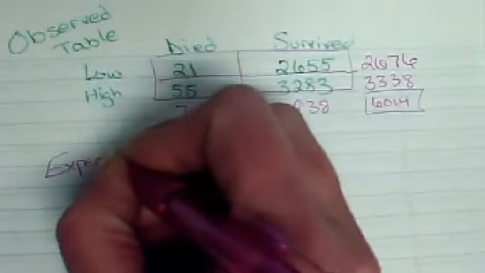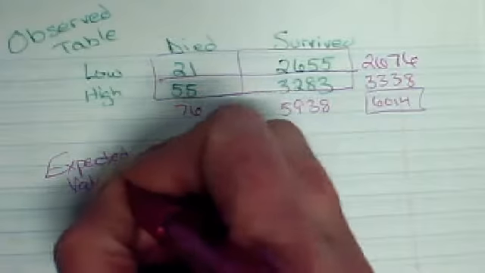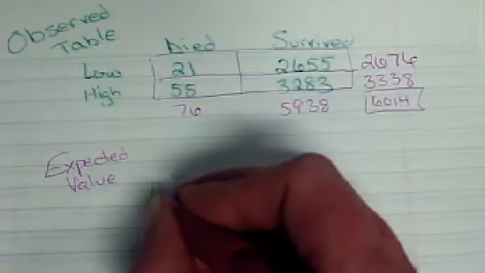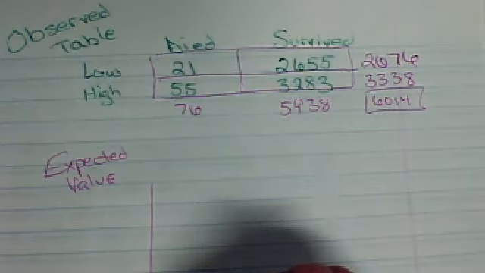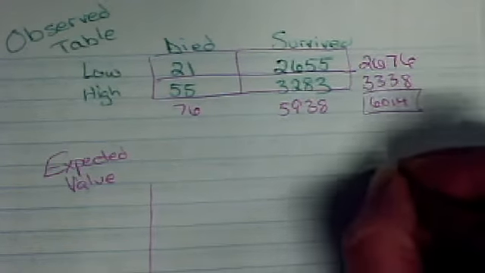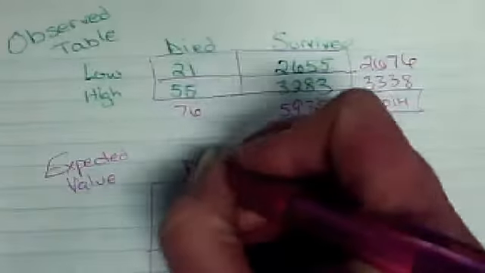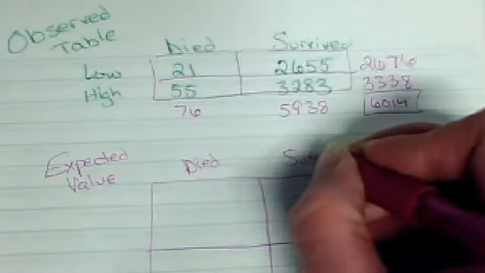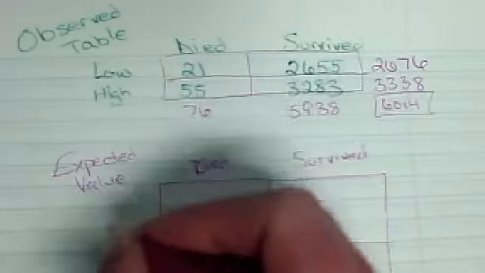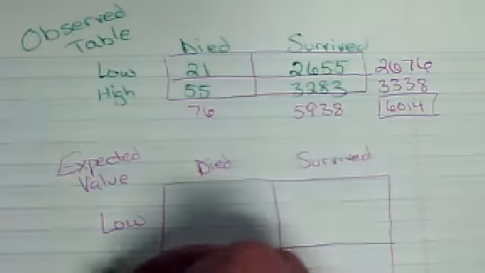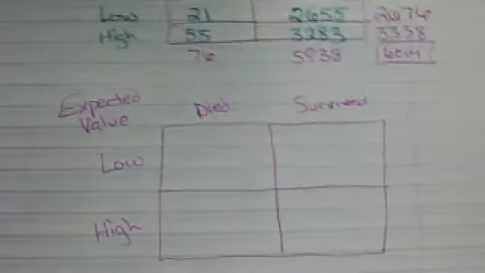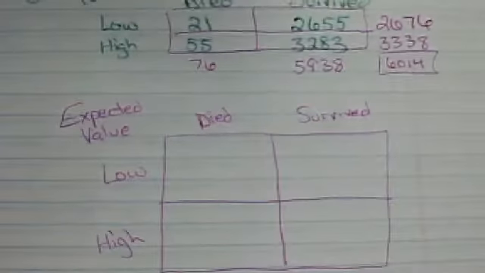So when I'm doing my expected values, I'll do this one a little bit bigger. Okay, so this is died, survived, low blood pressure and high blood pressure. Which for just 5 years doesn't really make a lot of sense, but that's okay. So for this section, we're going to look at that row and that column.